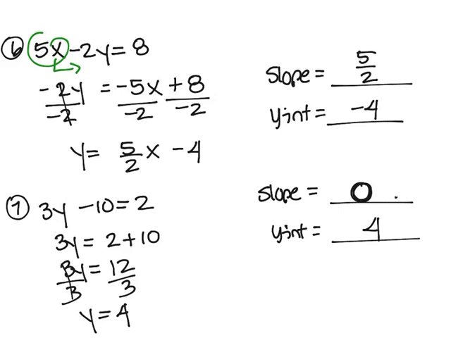Okay? And so that's going to conclude that section. 3 through 7 is you being able to give me that slope and y-intercept. Okay? 8 through 13, we are writing the equation of a line.